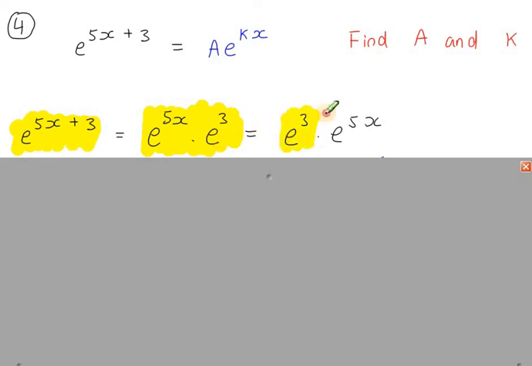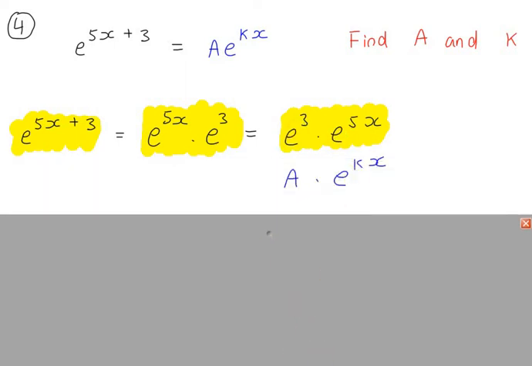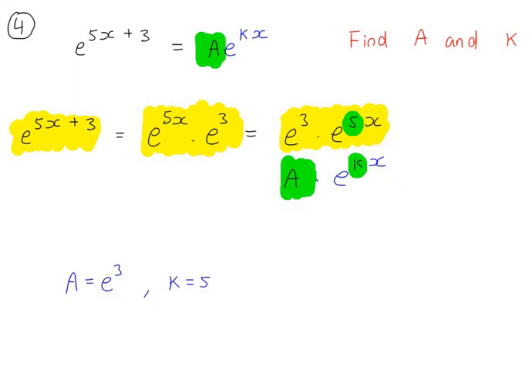So I've just rearranged them. So I've put the constant first, e to the power of 3 is a constant. And if I compare these to our terms here, the a is a constant, which is e to the power of 3. And if we compare these two terms, we can see that the k will be 5. For practice, try these questions.